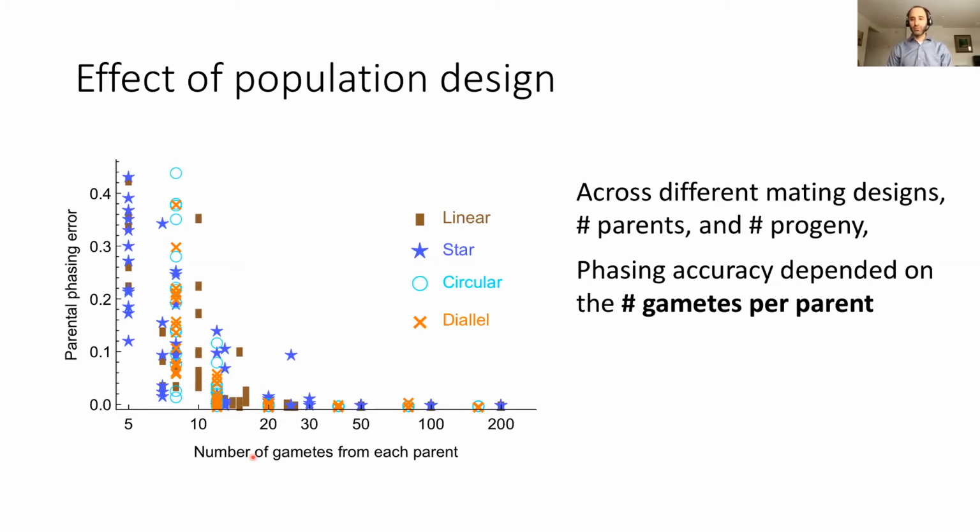And it's actually a pretty reasonable number if you think about the kinds of population sizes we usually work with. 20 gametes from a parent is not a lot. So this shows that this kind of analysis is quite feasible practically for many of us in our breeding programs.